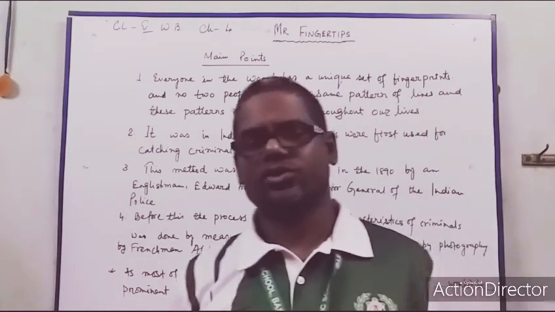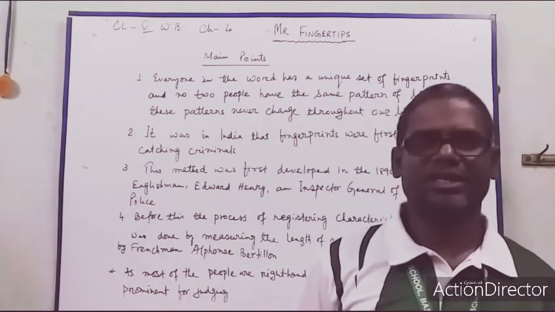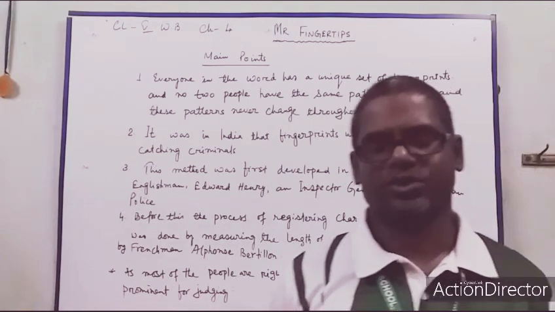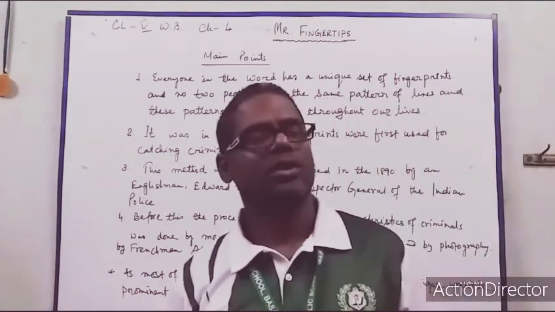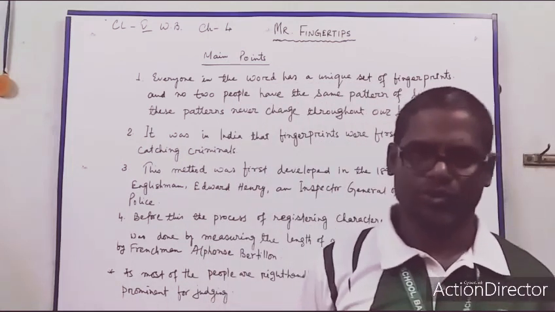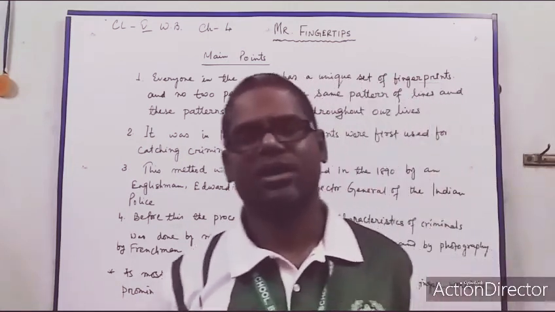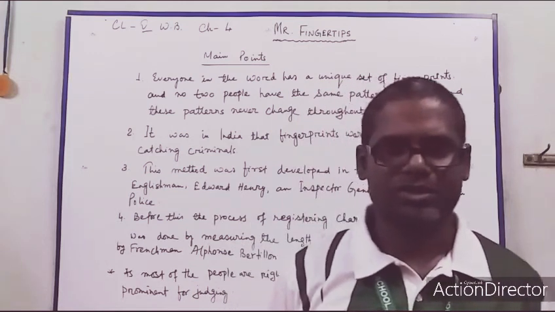Fine. So today in our English literature class we are going to read a very good story from workbook chapter number 4. Okay, so let us move to the story.